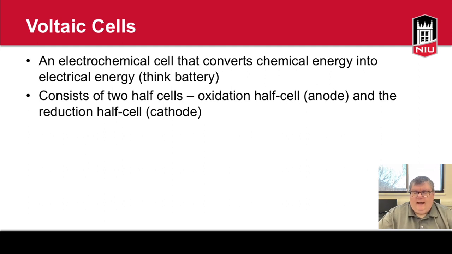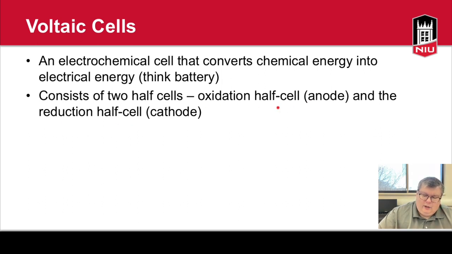All right, what is a cell? A voltaic cell is an electrochemical cell that converts chemical energy into electrical energy. Think like a battery. This is a spontaneous process that occurs when you form a circuit. And it consists of two half cells, the oxidation half cell and the reduction half cell.